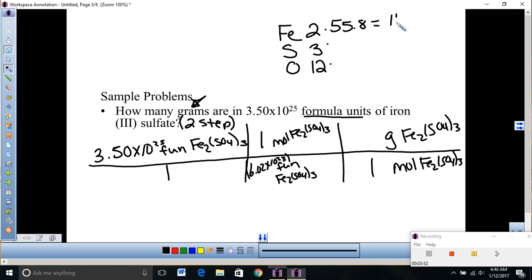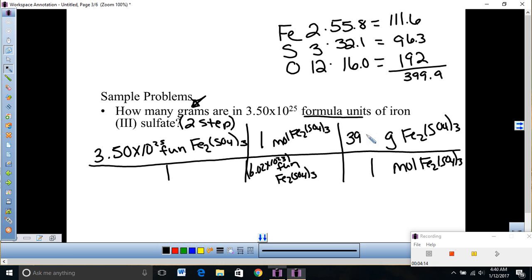You get 111.6. This one rounds to 32.1, and you get 96.3. And then oxygen 16, you get 192. And we add all these together, you get 399.9, and then that's going to go with our grams.